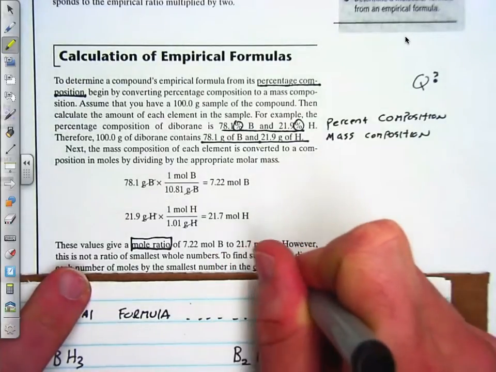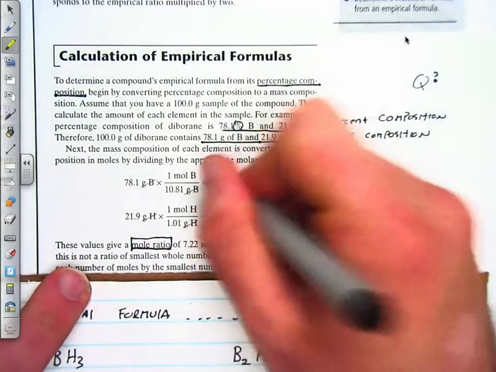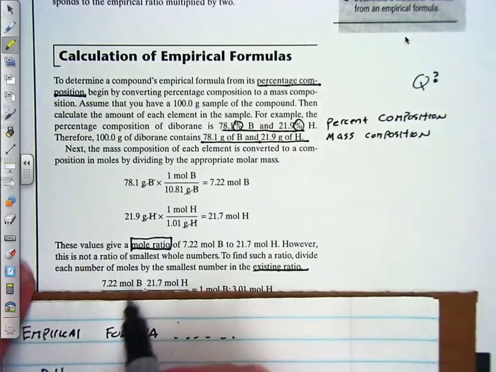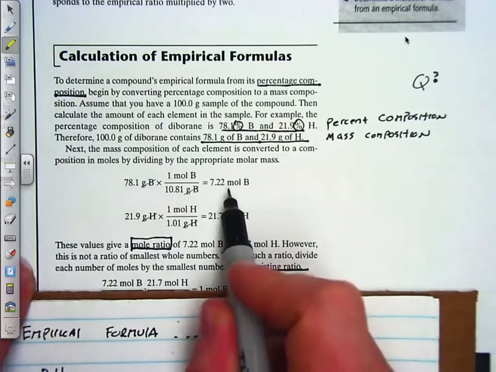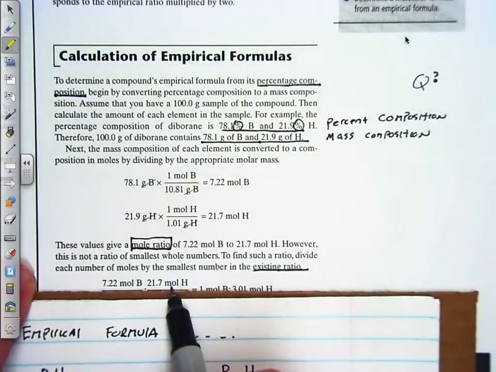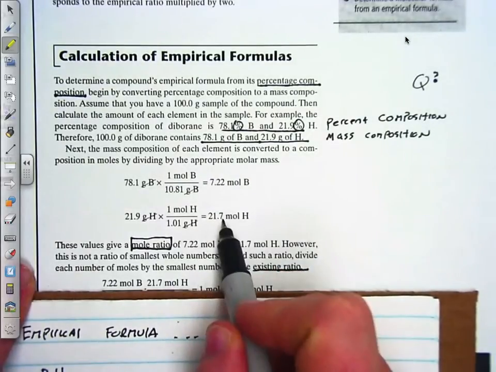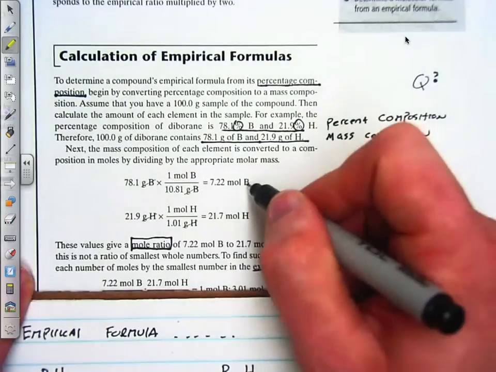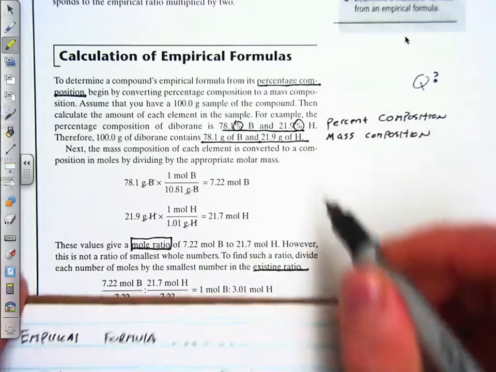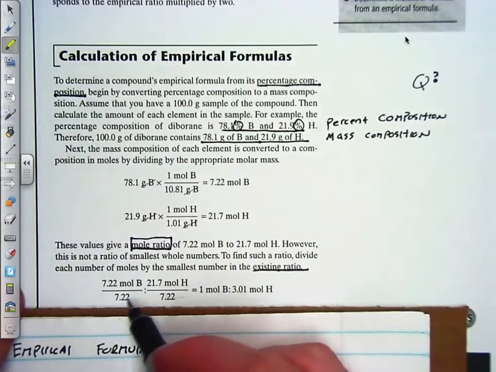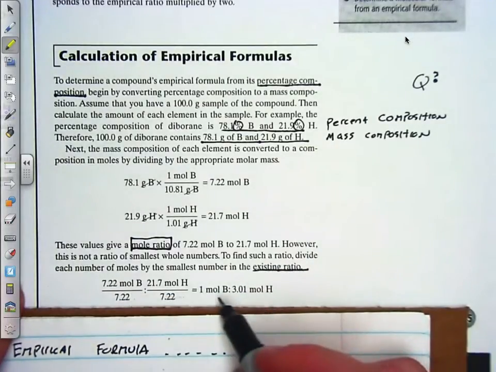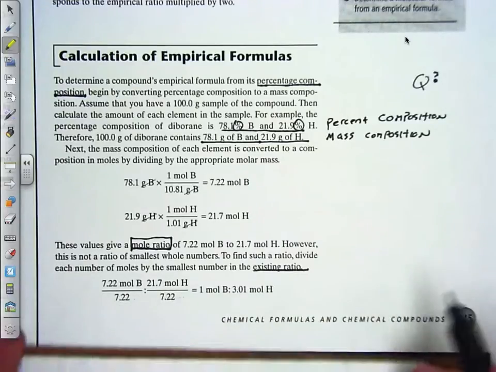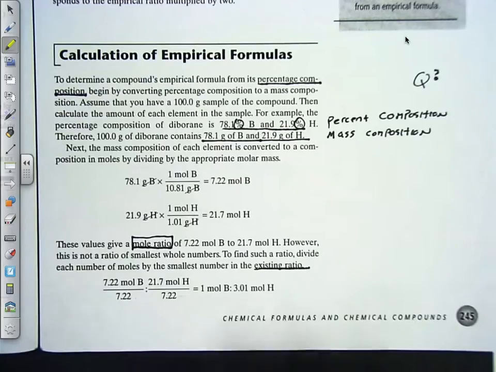The existing ratio is the numbers you already have. For example, 7.22 moles of boron, that comes from here, and 21.7 moles of hydrogen, that comes from here. You're going to divide these by the smallest number. Well, what is the smallest number between these two? 7.22, and that's exactly what they did. So, they get 1 mole of boron for every 3.01 moles of hydrogen. All right, please go to the next video and turn the page.